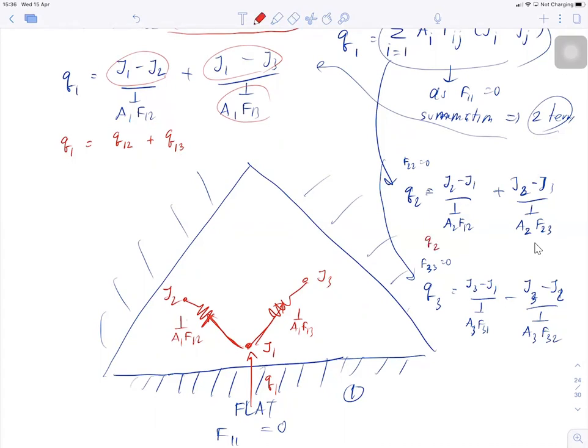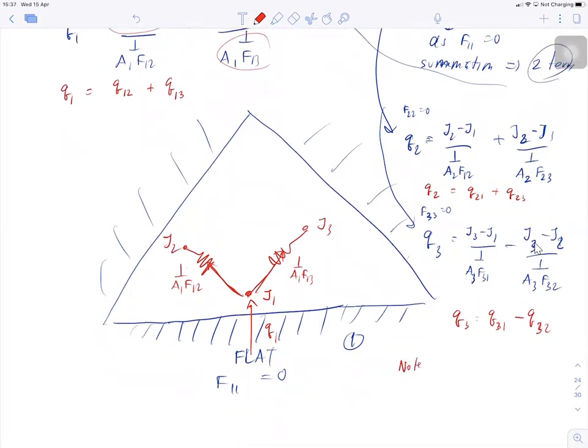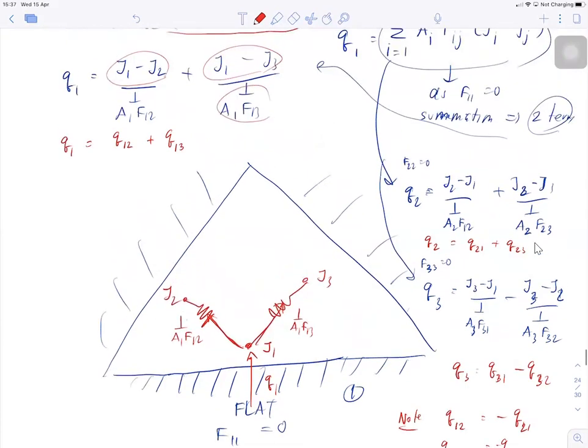Okay, and we know that Q2 is going to be equal to Q21 plus Q23. Remember? And Q3 equal to Q31 plus Q32. And note that Q12 is going to be equal to minus Q21. And Q13 is going to be minus Q31. And also Q23 is going to be minus Q32. Right? So this is it.